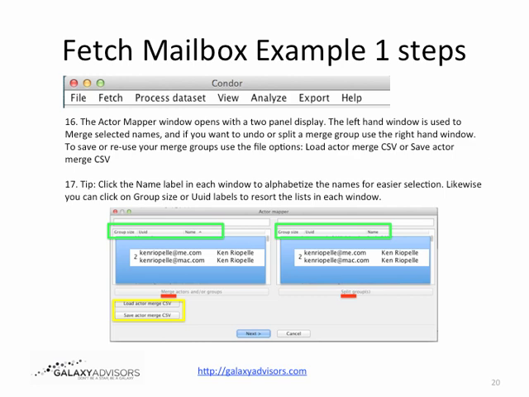And then on the right-hand side, if you say, oh, I made a mistake, that's really not that, or I want to split those, you can undo that merge group by selecting that group on the right panel and clicking split, and so it breaks it apart again. You can also save for reuse these merge groups that you are creating with the file options load actor merge CSV, or comma separated variable, or save actor merge file.